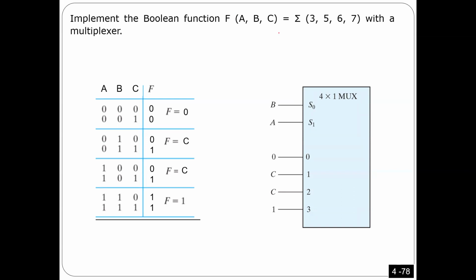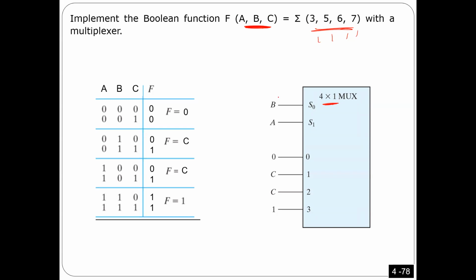Here I give you this question. You have 3 variables, and the function is the minterms 3, 5, 6, 7. So this is the location of the ones. The other minterms are zeros, okay? And I'm asking you to use a 4-to-1 multiplexer.